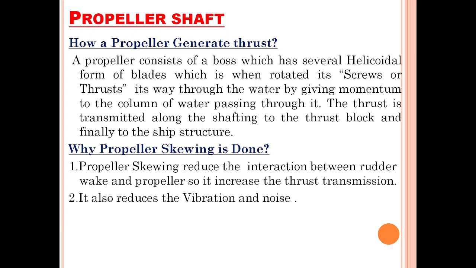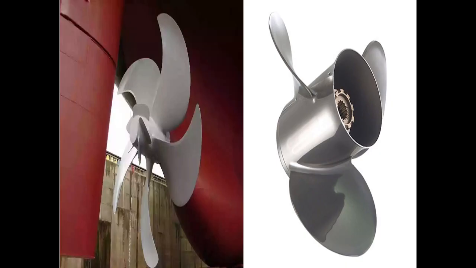Now one more question is asked: why is propeller skewing done? The propeller skewing reduces the interaction between the rudder wake and the propeller, so it increases the thrust transmission. Very good point. What do we mean by skewing?